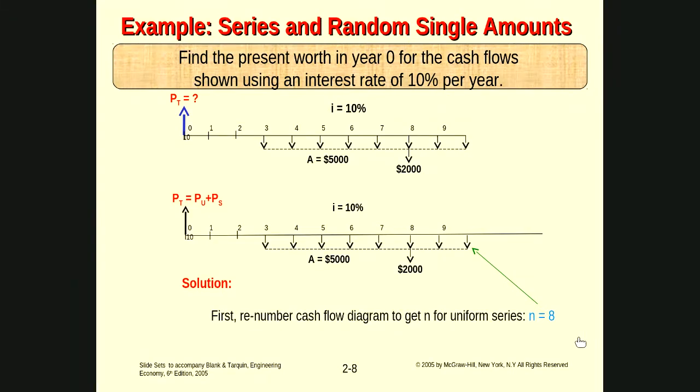Okay, but then you have to put the years as 8. So it will be 2000 multiplied with the P given F, 10%, for 8 years. It will be like that. So now we know how we convert the 2000, and it is easy because it's a single value. But for the 5000, it is also simple, but you have to just pay attention.